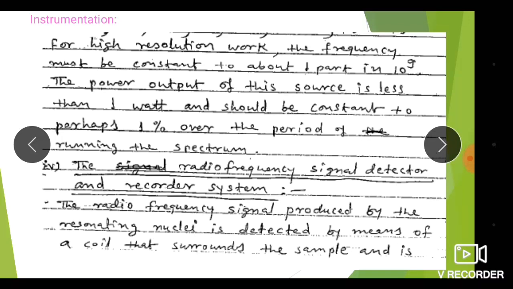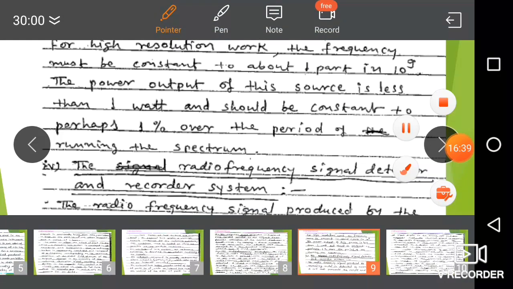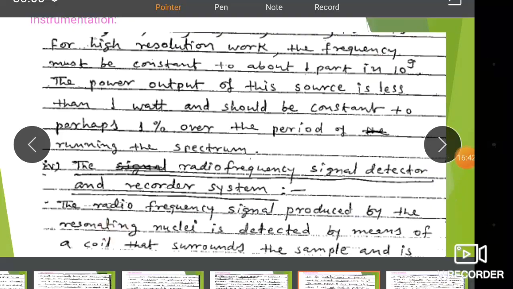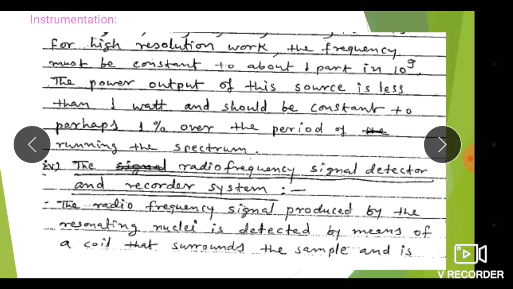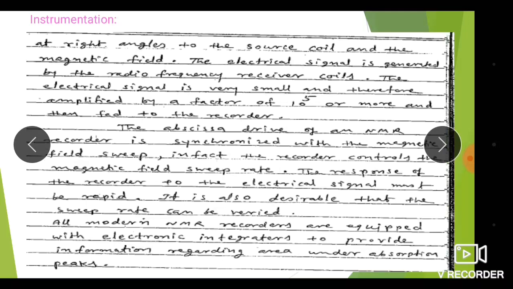So the radio frequency signal detector and recorder system. The radio frequency signal produced by the resonating nuclei is detected by means of a coil that surrounds the sample and is at right angles to the source coil and the magnetic field.